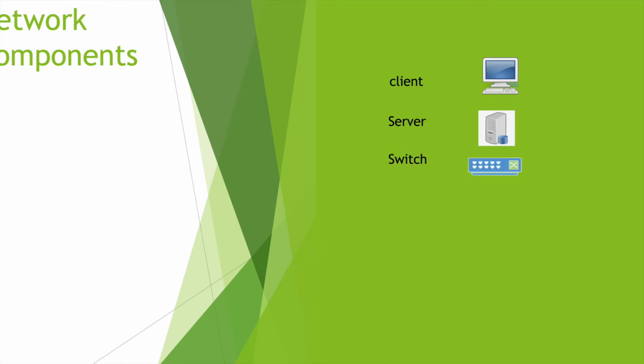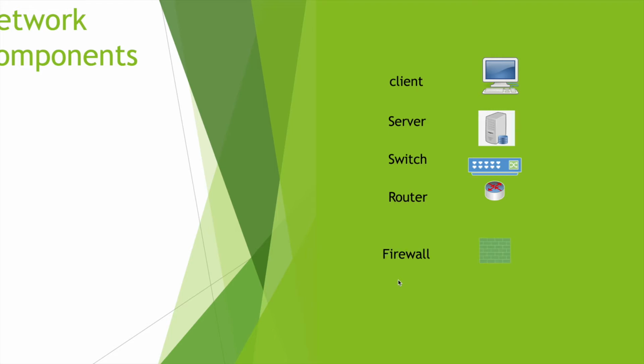The next component is the switch. It connects multiple devices together. We'll talk about all those devices in a couple of minutes. The next component is the router. Usually you see the router connecting to the internet service provider.